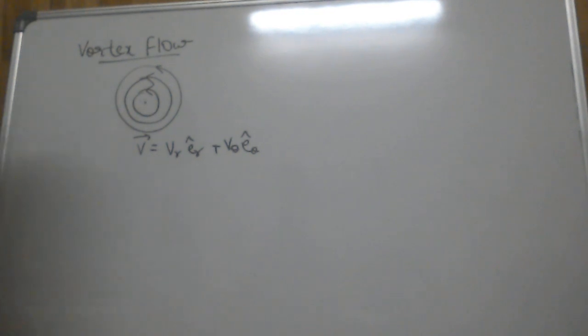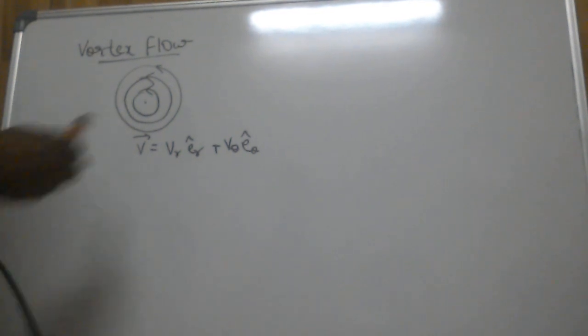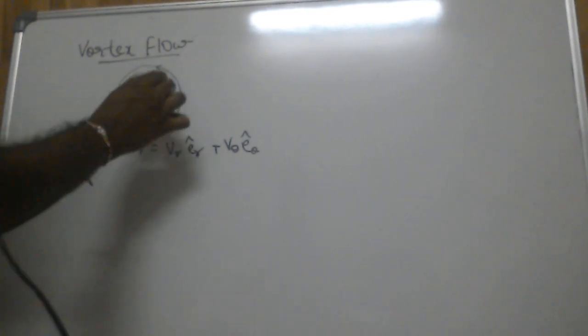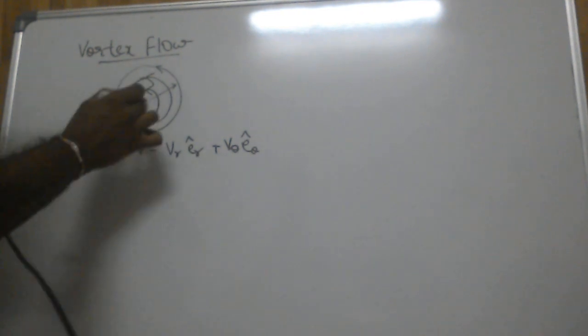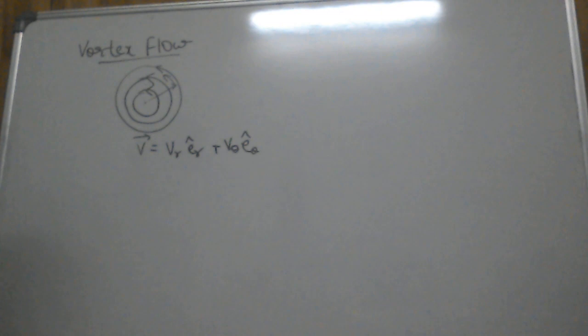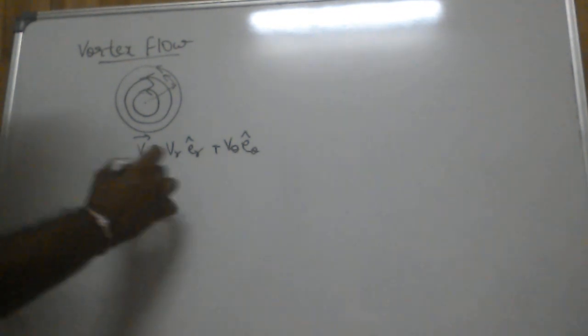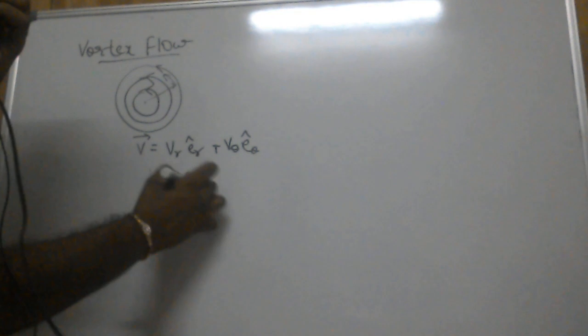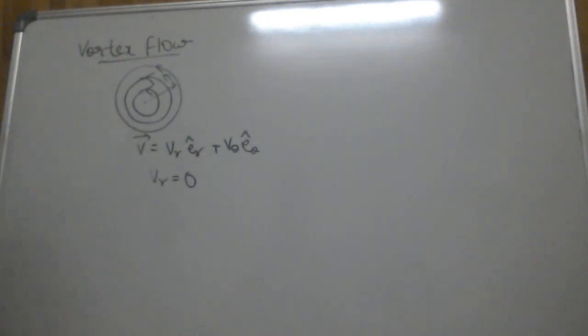So at no point is there a component of velocity in the radial direction. This is the radial direction and that's the theta direction. As you can see clearly, there is no flow happening in the radial direction. So V_r is always going to be 0.